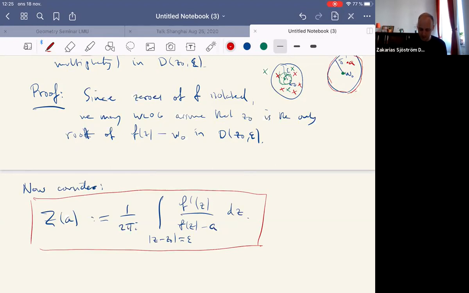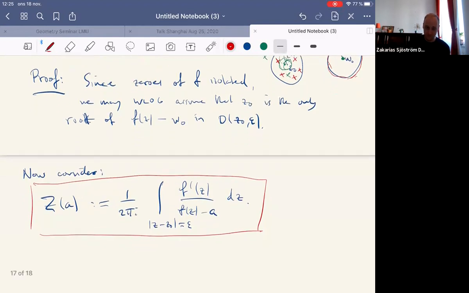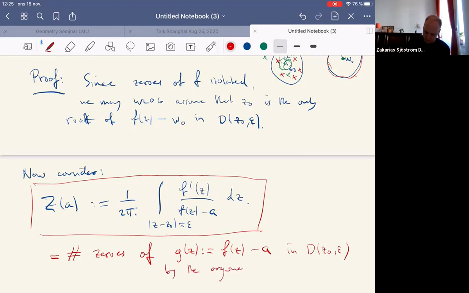So any ideas? Okay, so if you remember from earlier lectures, this will actually be, and this is the key observation, the number of zeros of the function, okay, so let's give it a name, g of z, which is f of z minus a, in this disk z0 radius epsilon. And this is by the argument principle.